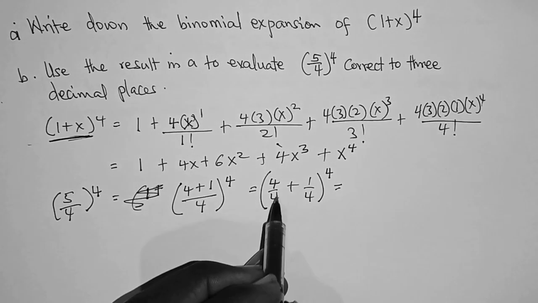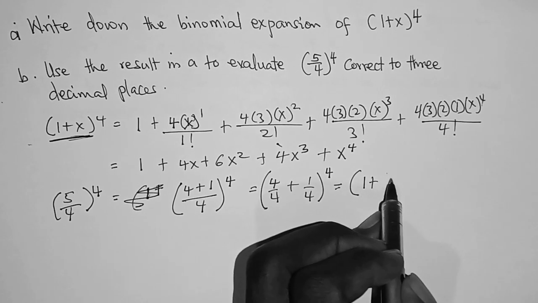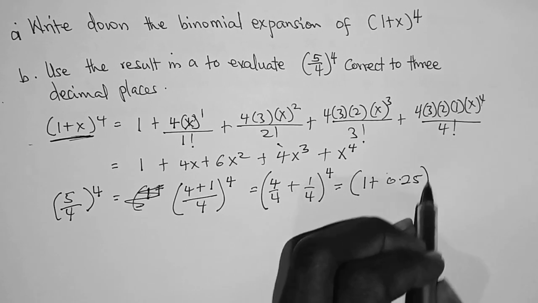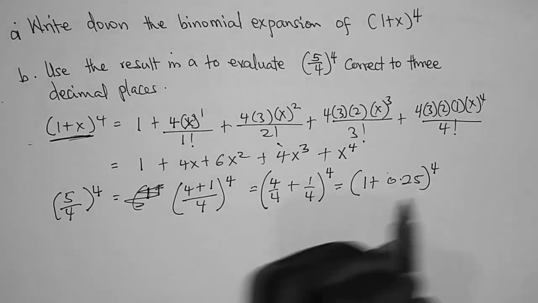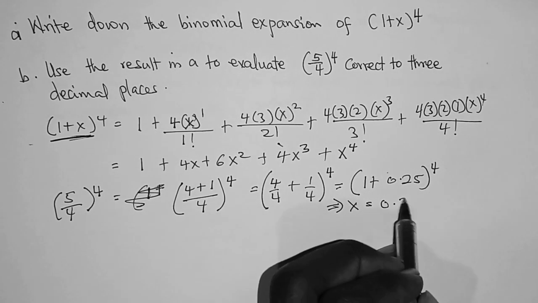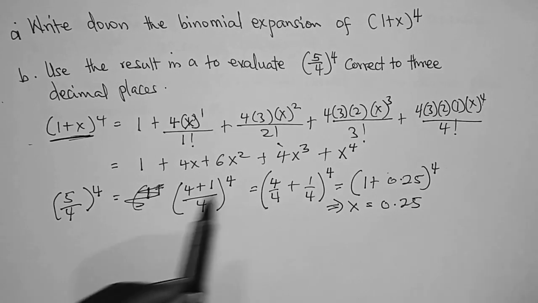And 4 divided by 4 is 1. So this is equal to (1 + 1/4)^4, where 1/4 is 0.25. So this implies that x is equal to 0.25. So we are going to insert 0.25 into this expression.